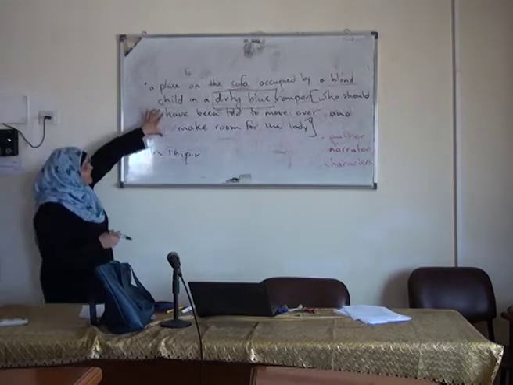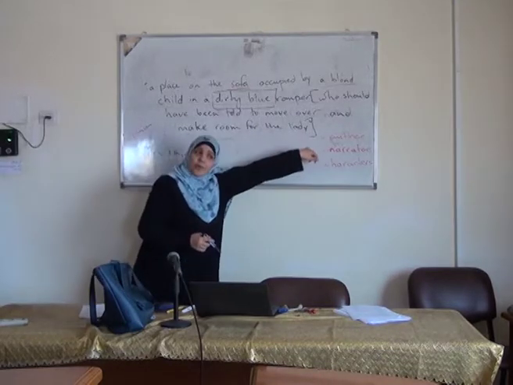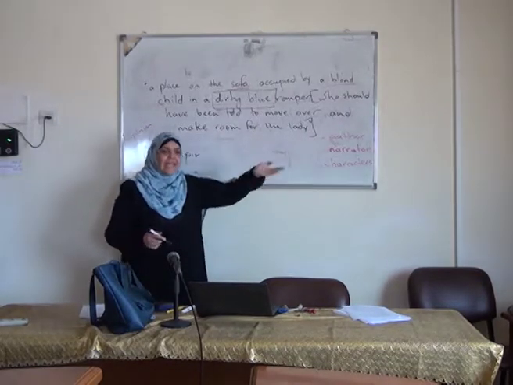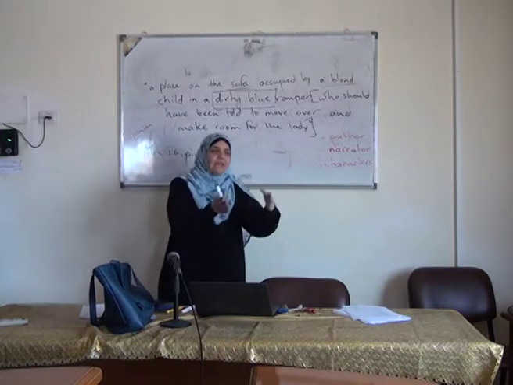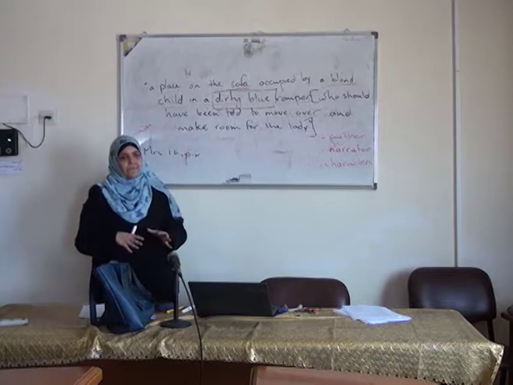Now, when we reach this part, we know that neither the narrator nor the author can say that this boy should move and make room for the lady. Who is it going to be? Mrs. Turpin.